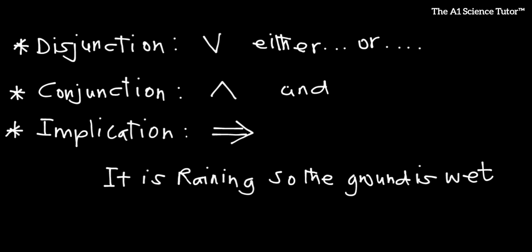Now, what is the symbol or the connective that is actually called an implication? It's actually going to be this particular two-word phrase. So the ground is wet. Okay, so just understand that "implies" is basically, you could even say it implies as a word. If you see "it implies", it's still an example of implication.